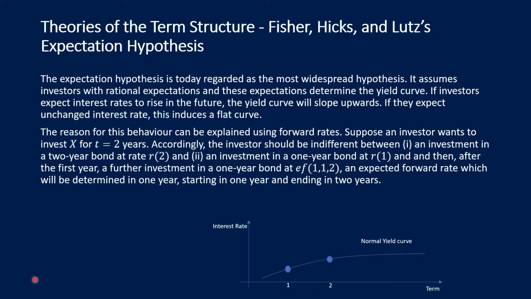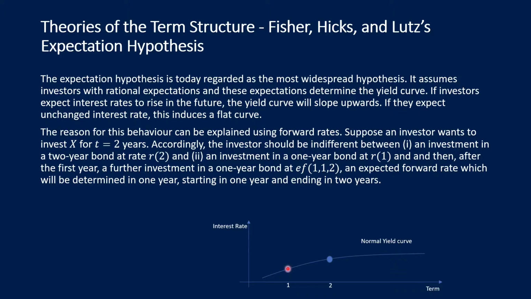The first option is to invest your money simply for 2 years at a 2-year rate. That's pretty straightforward. The second option is to invest it for 1 year at a 1-year rate, and then to invest it again for another year.